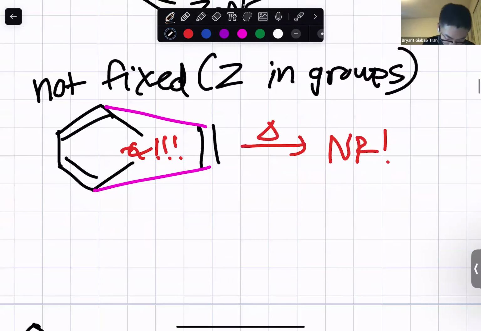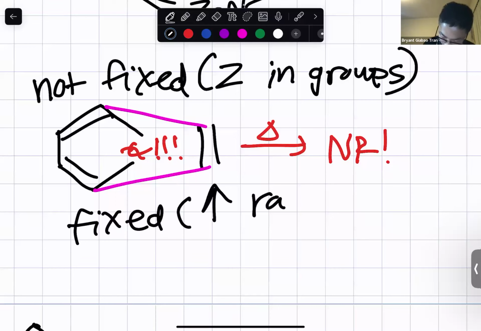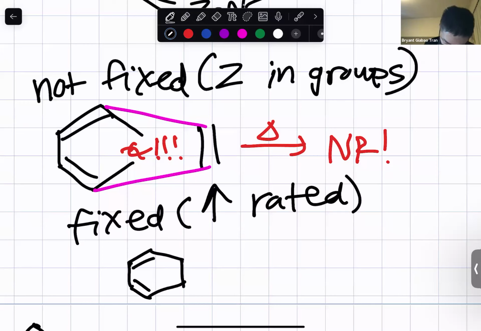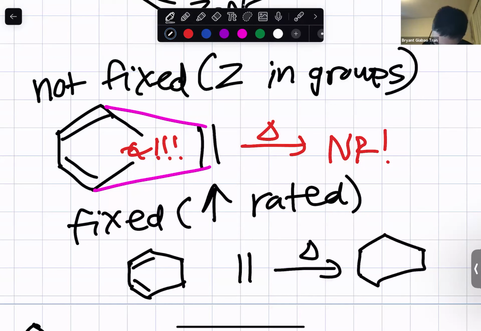Right? But if it is fixed, then that actually speeds up the reaction rate because it is locked into the s-cis configuration, where you are actually going to get a reaction like this here, right?